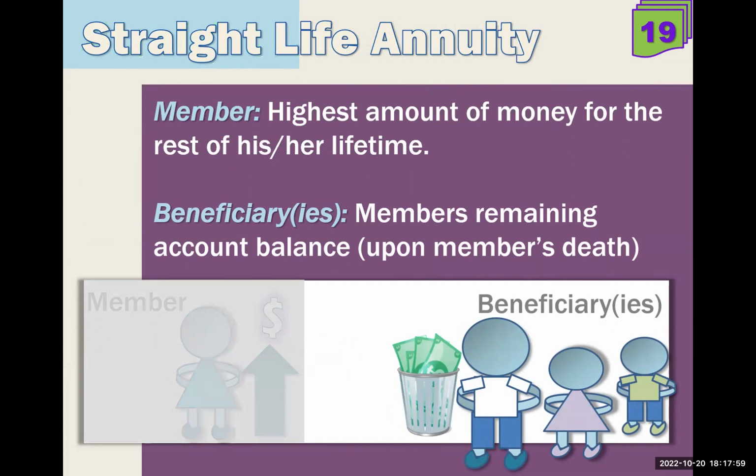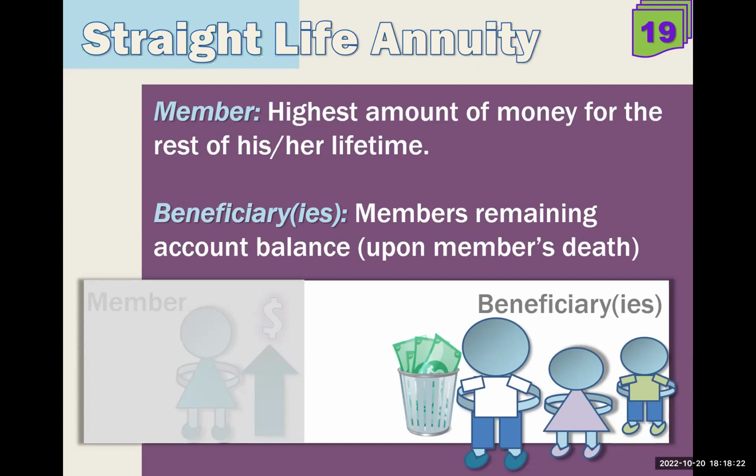Now, do you remember how long I said before that it takes before your account balance is depleted? Right, your account balance is normally exhausted within 6 to 8 years of your retirement. So if you live beyond that 6 to 8 years, there's nothing left in the account to be paid to your beneficiaries.